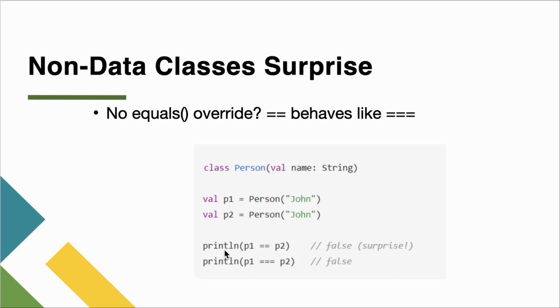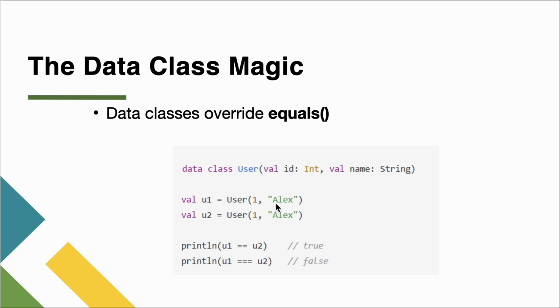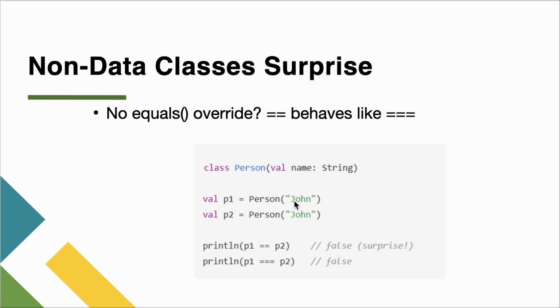Now when I print p1 double equals p2, this is going to return false. Surprise, right? Earlier, with the same content, it was returning true. But in the case of a non-data class, even with the same content, it is still returning false.